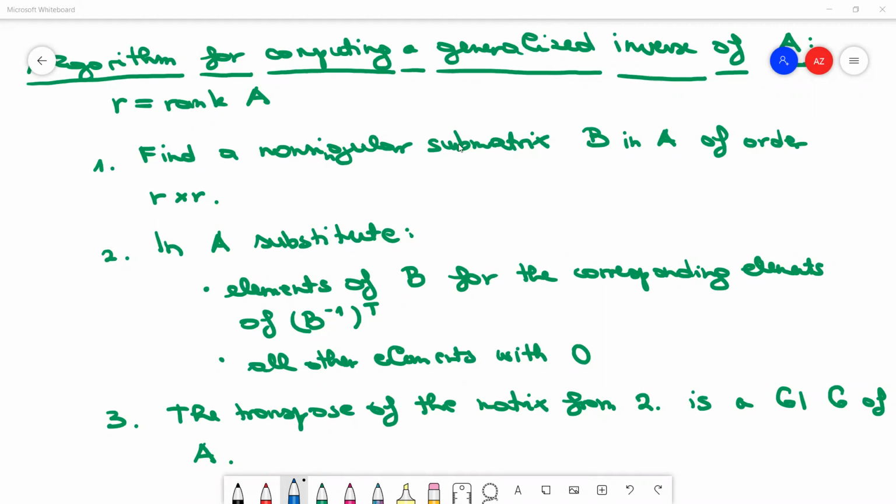So yeah, this algorithm mostly proves that there are more generalized inverses. Whenever the choice of this submatrix B is non-unique, we get different generalized inverses using this algorithm. However, there is one trivial case where this submatrix is unique.